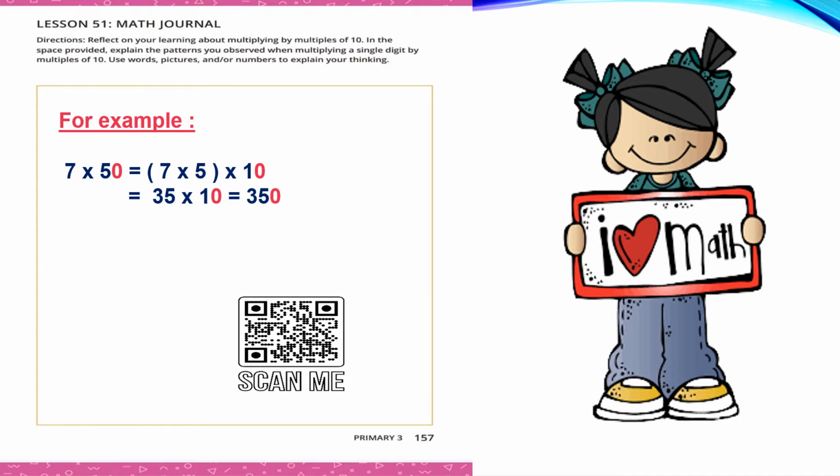When we have brackets, solve it first. 7 times 5 is 35, times 10. The 0 in the multiplication operation, drop it as it is in the result. 35 times 1 equals 35. So the final result will be 350.